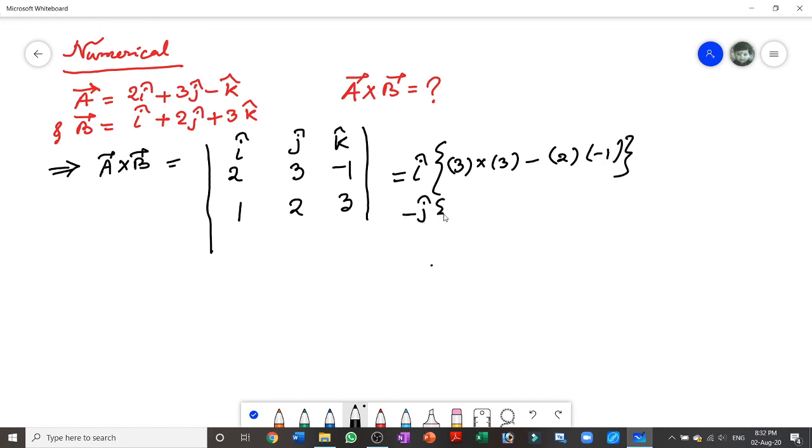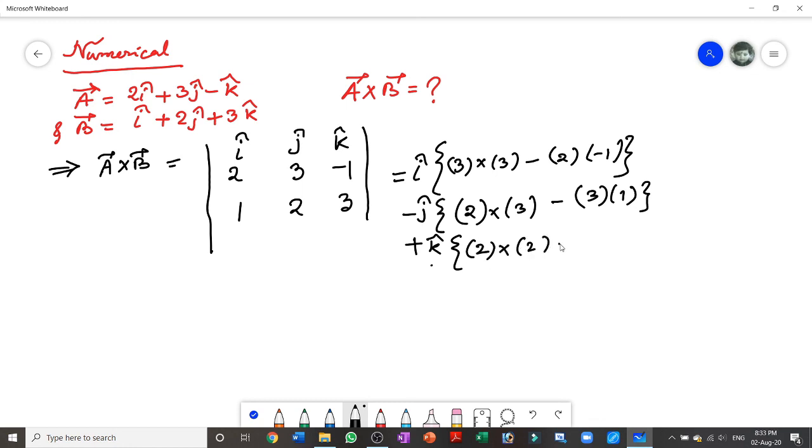Now minus j cap will be 2 into 3 minus 1 into minus 1, and plus k cap, it will be 2 into 2 minus 3 into 1.